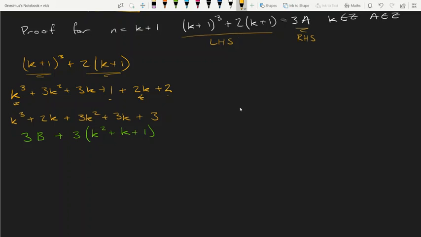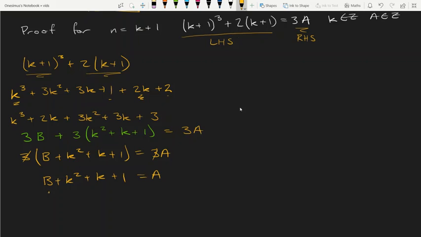So this is going to equal 3a, and we can take 3 out the front of both, so 3 lots of b plus k squared plus k plus 1 equals 3a, and we can cancel our 3 off both sides, and we get left with b plus k squared plus k plus 1 equals a.